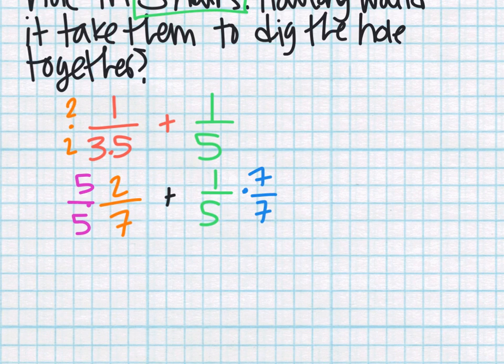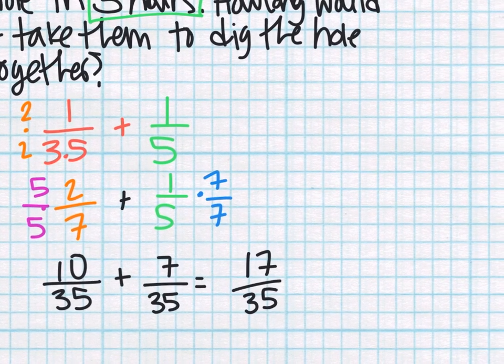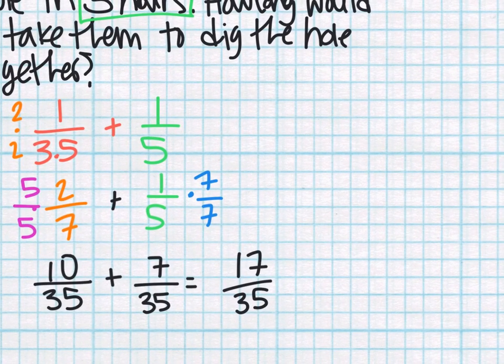So now I'm going to multiply 5 times 2 is 10, and then 5 times 7 is 35. And then I've got 1 times 7, so that's 7. 5 times 7 is 35. So I've got 17 35ths.